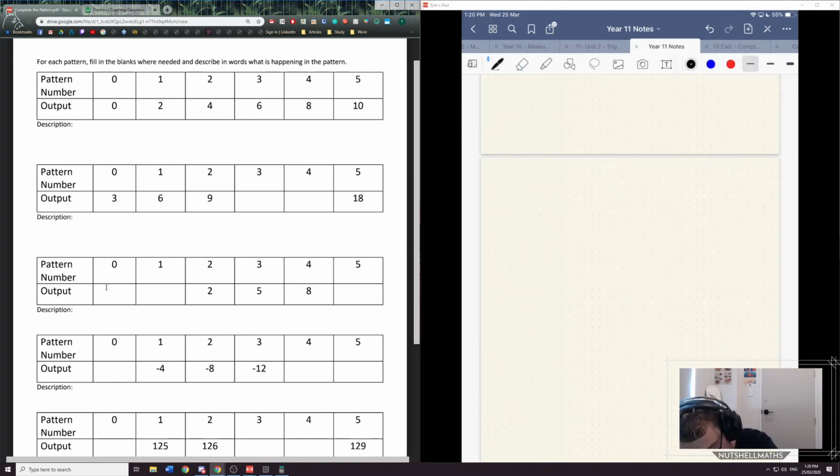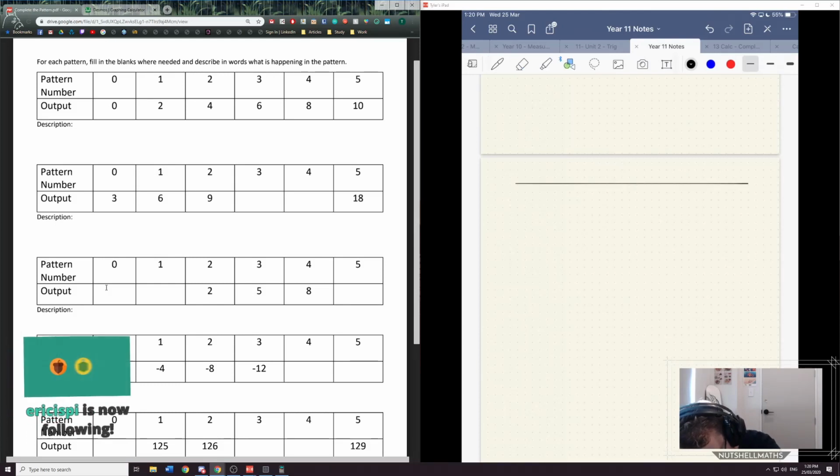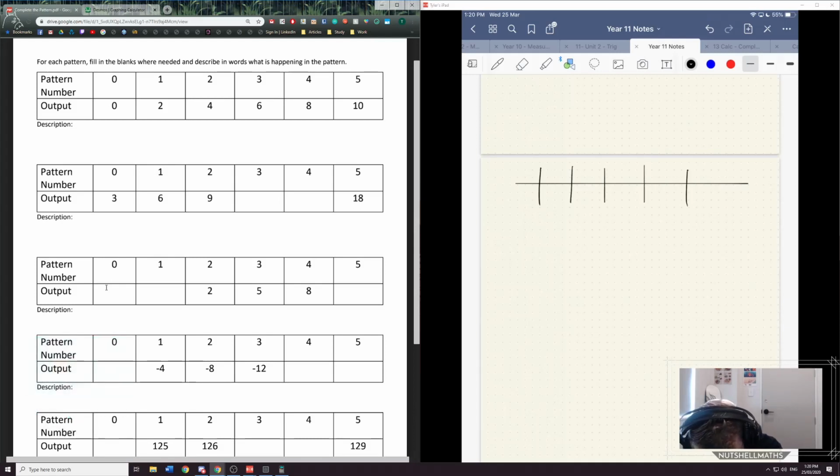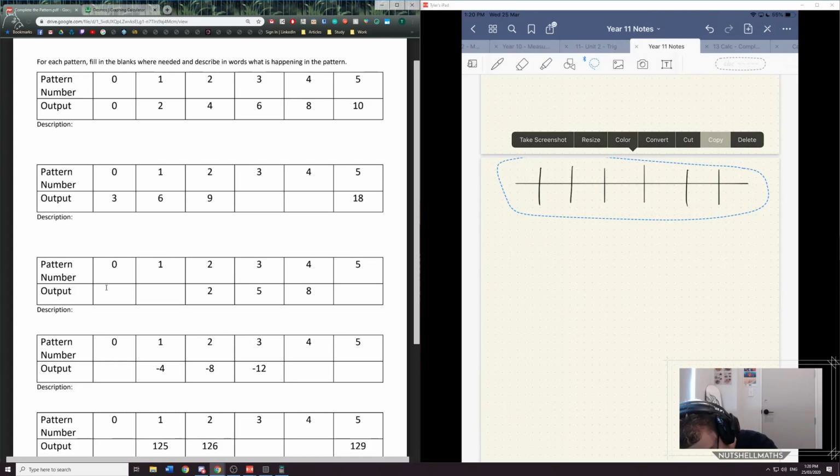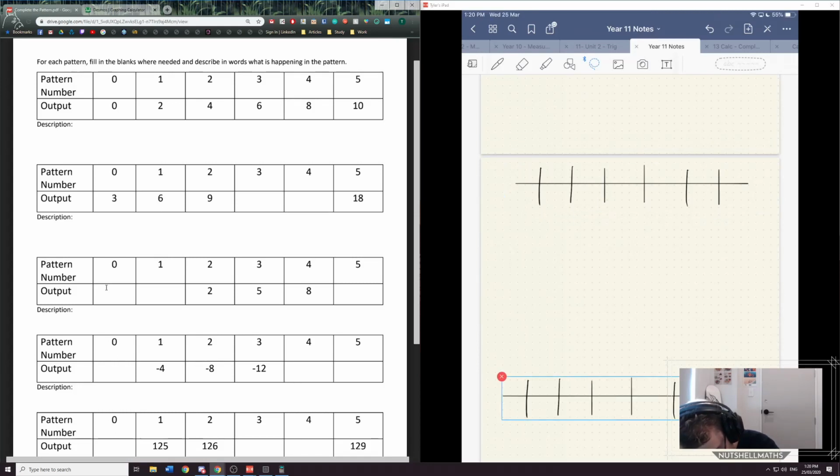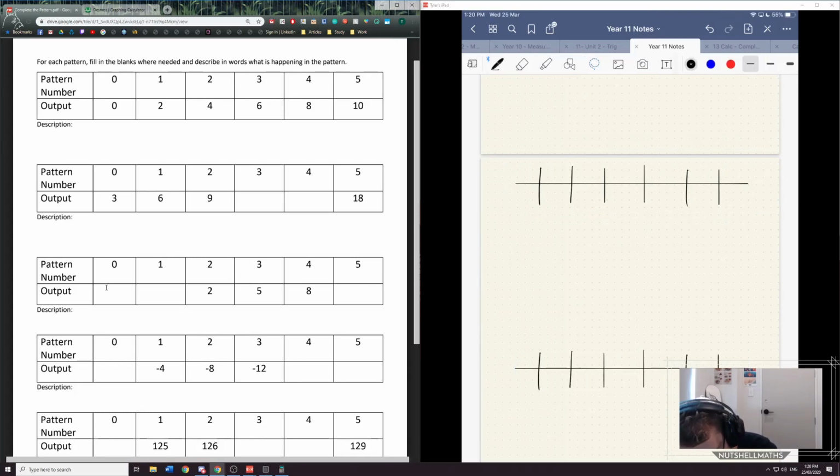Let's make this nice. 0, 1, 2, 3, 4, 5. And we're going to create a copy of this. There we go. So 0, 1, 2, 3, 4, 5. It gets so warm in my little study. So let's have a look at this.